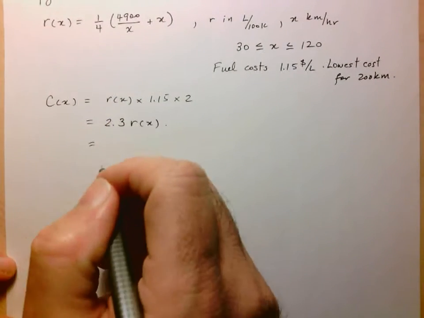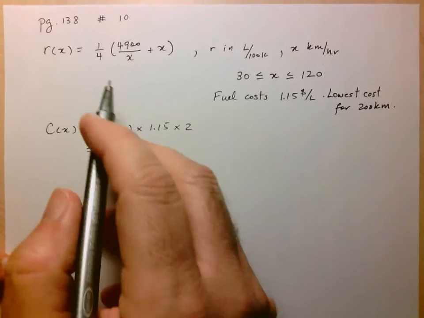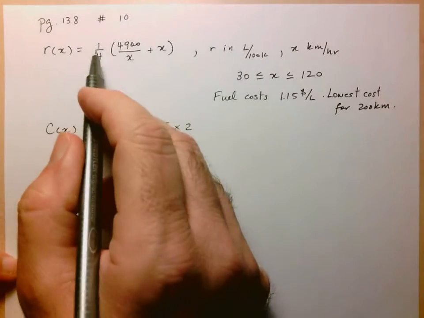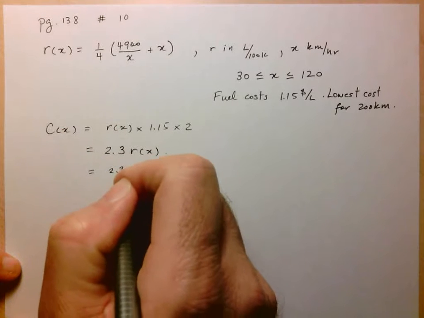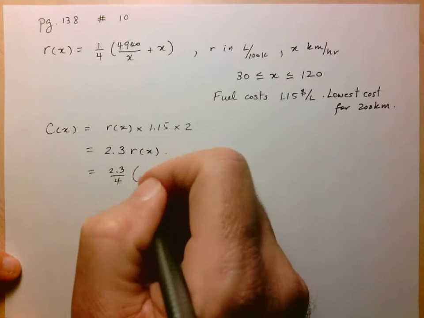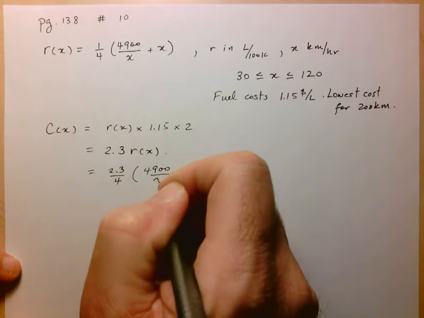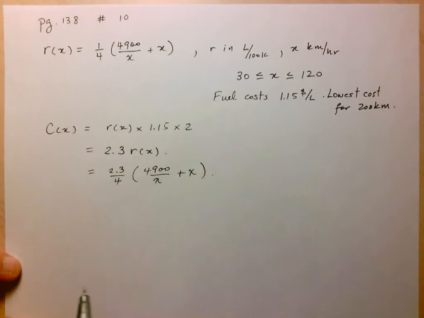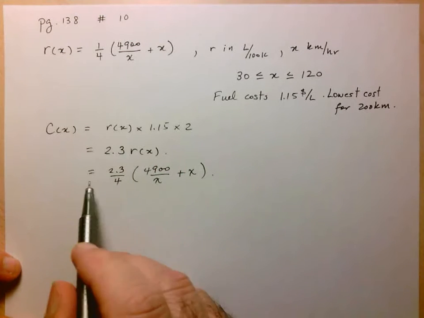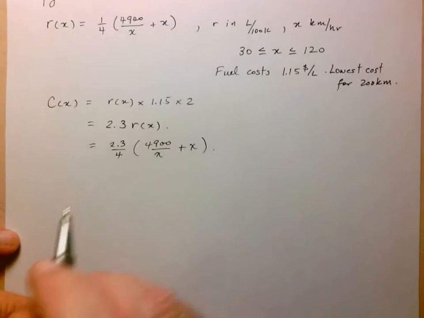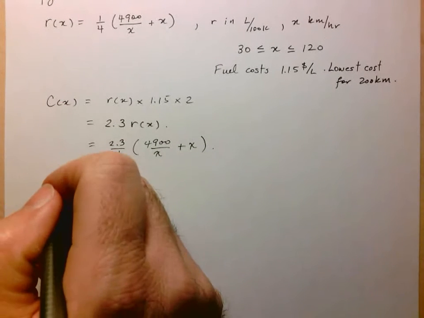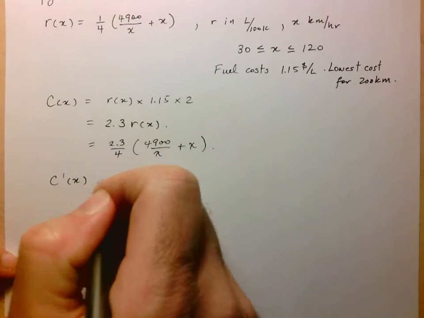So 2.3 times R(x), let's multiply that. We've got 2.3 over 4 times 4,900 over x plus x. Now we're going to optimize this function, so let's take the derivative, C'(x).